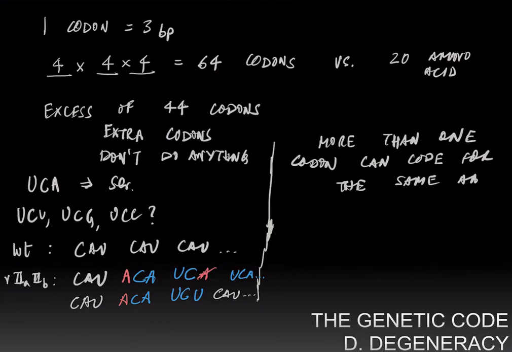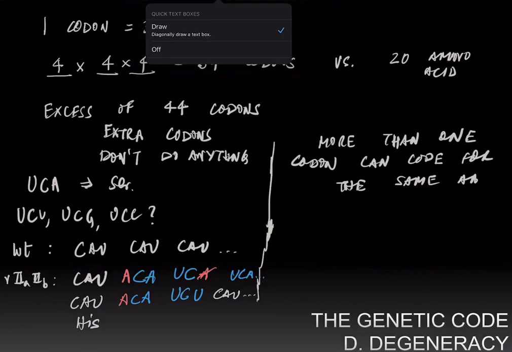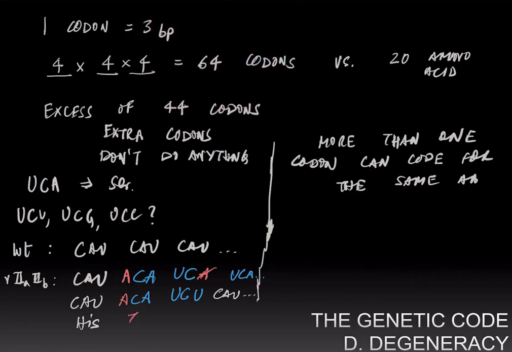Now, the first codon gives us a histidine, the second one gives us a threonine, the third codon is a UCU, and if we assume that extra codons don't do anything, the message would simply stop here, and we would not actually get a reversion of the double mutant back to the wild type state or suppression.